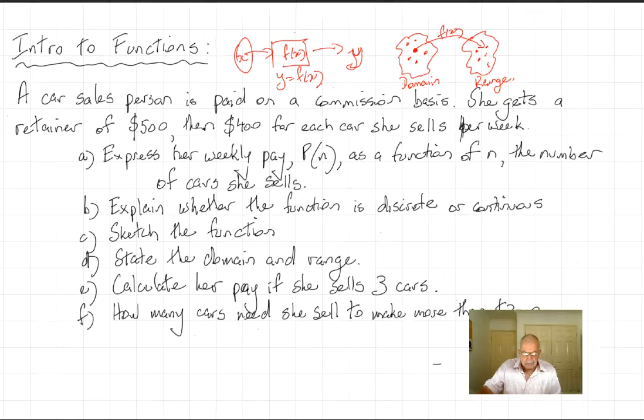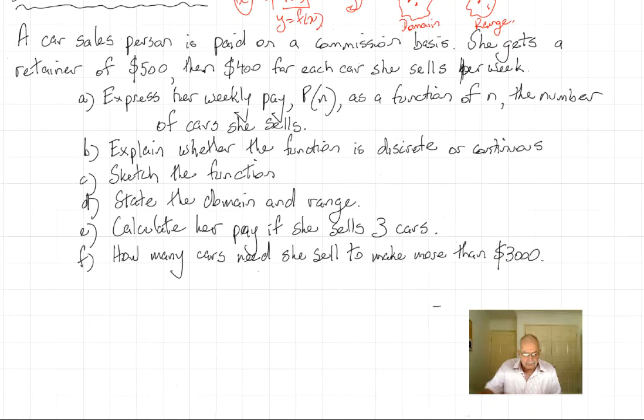Looking at this, P of n, she's going to get the retainer. The retainer is just the money she gets for sitting in the office, even if she doesn't sell any cars. So that's always going to be a constant, 500. That's always there.